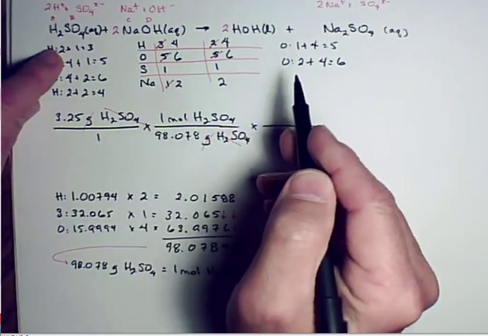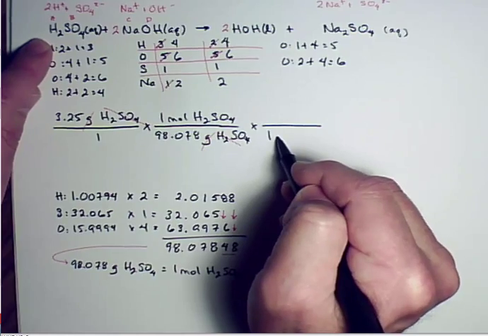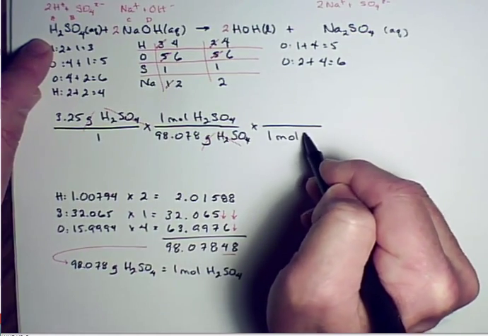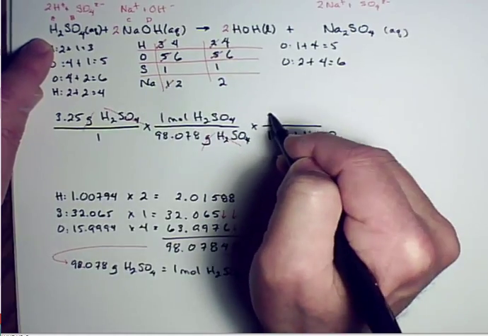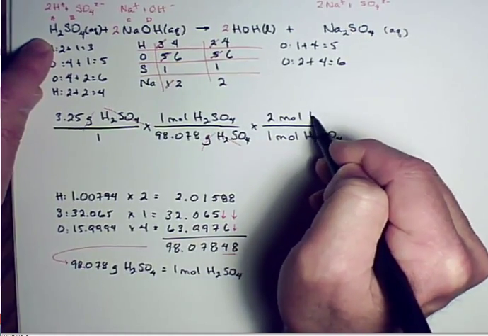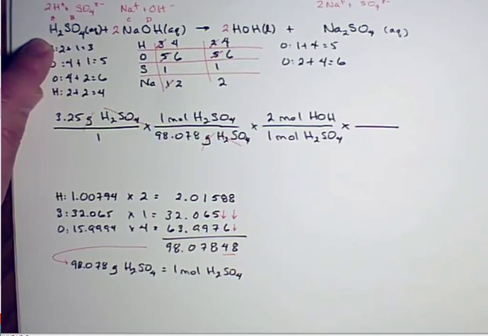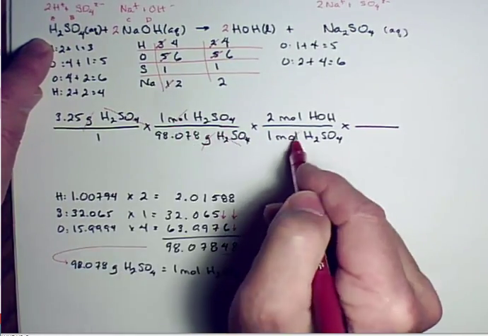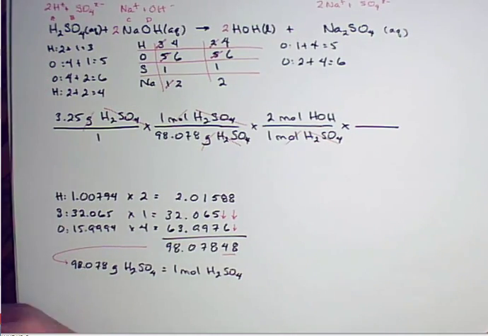So if I assume those to be moles, then I can put 1 mole for this coefficient here, 1 mole of sulfuric acid, and 2 moles of water. Cancel out what we can cancel out. And now we have moles of water.